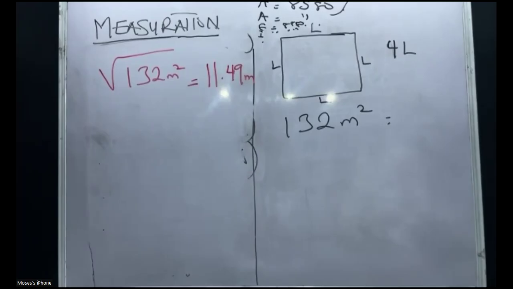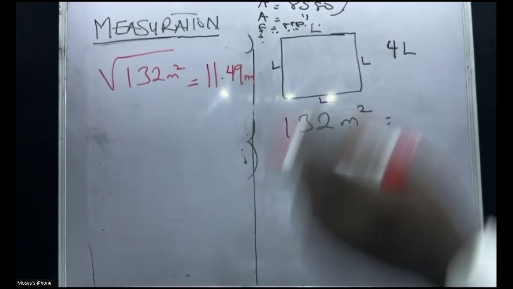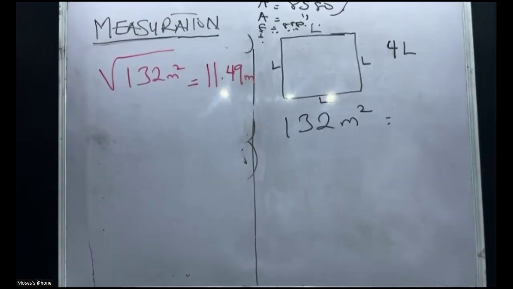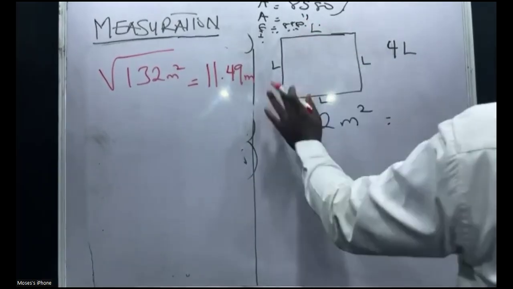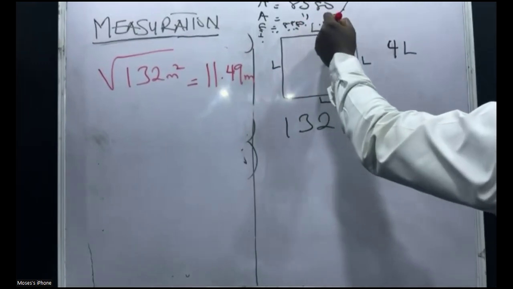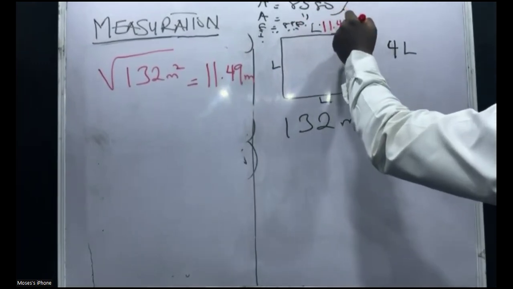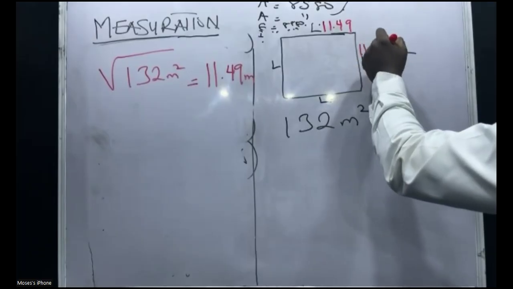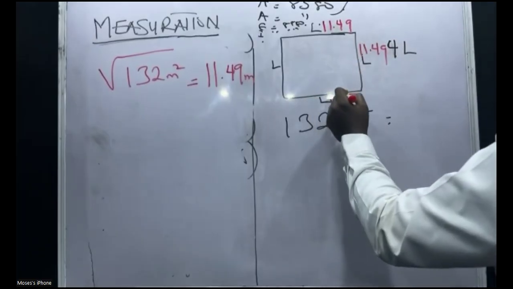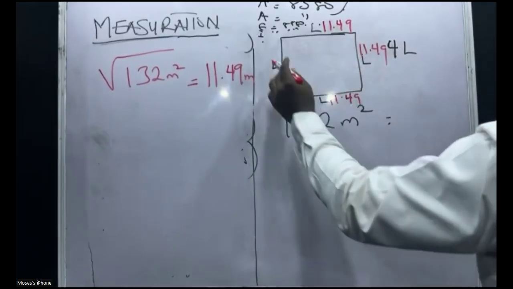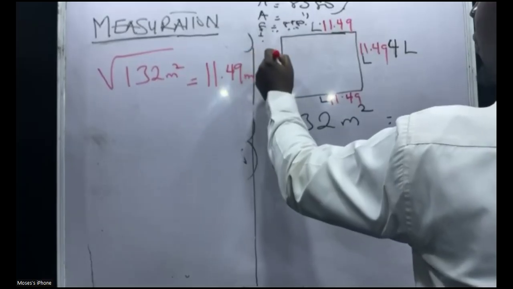Do you get? Now, what is going to be the perimeter of that field? Because we must know the perimeter of that field before we can know the costing. If this is the square, the length of each side is 11.49, 11.49, 11.49, 11.49.